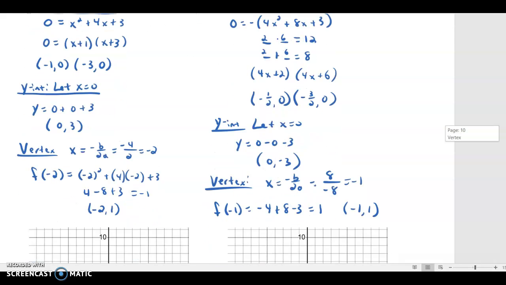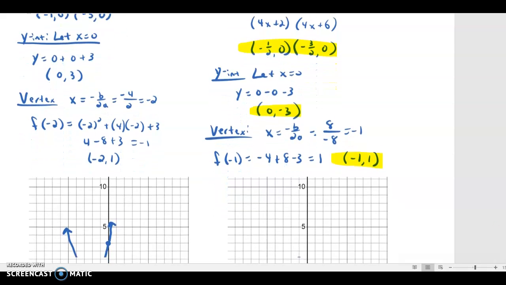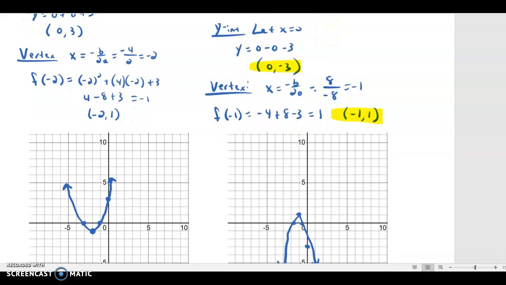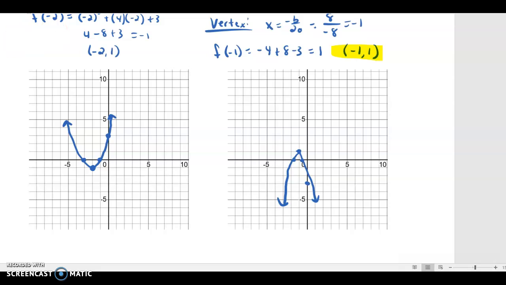I don't have it where I can show you the graph at the same time, but here are the x-intercepts that I plotted, negative 1/2 and negative 3/2, the y-intercept, negative 3, and the vertex, (-1, 1). All that worked out very nicely on my graph, as long as you have good graph paper and try to hold it as best you can.